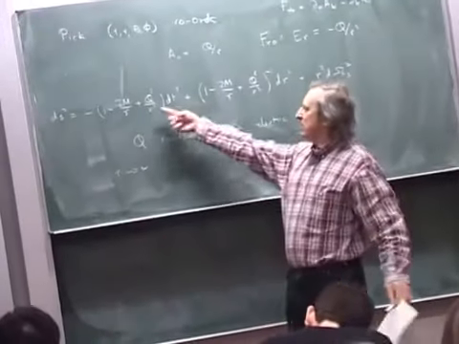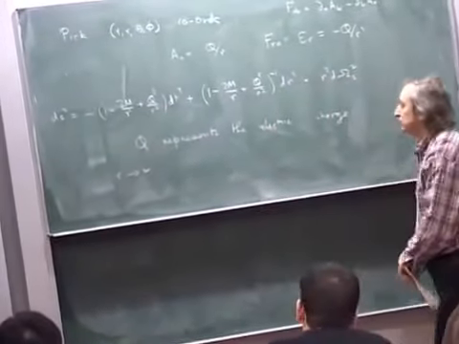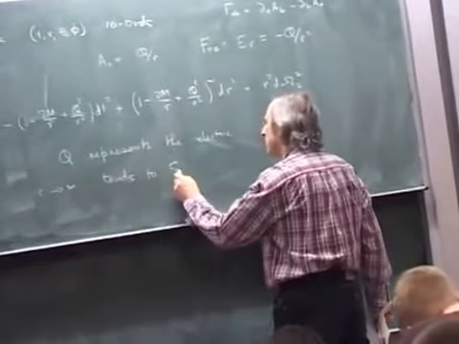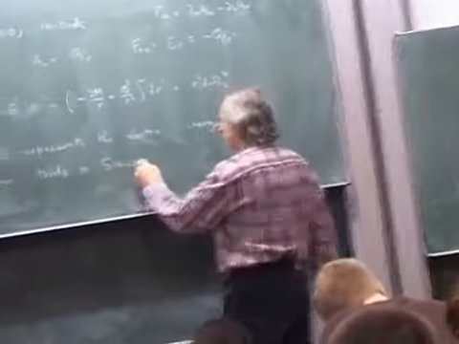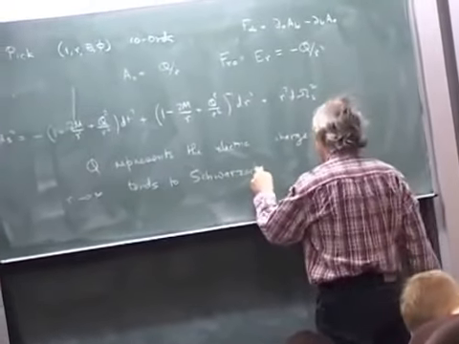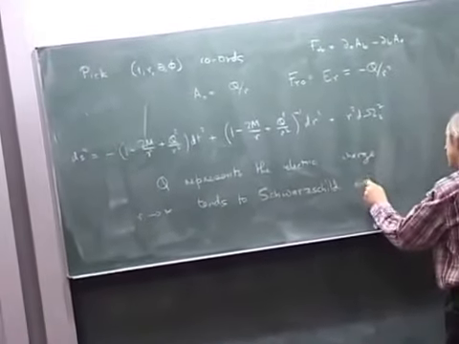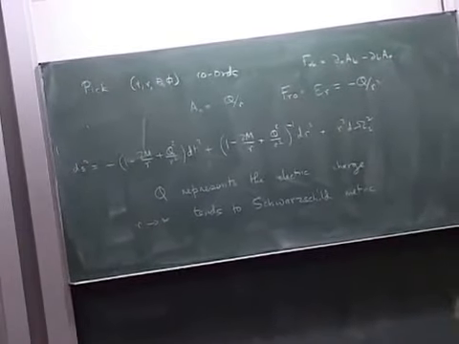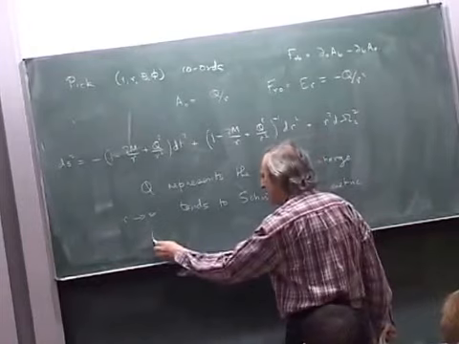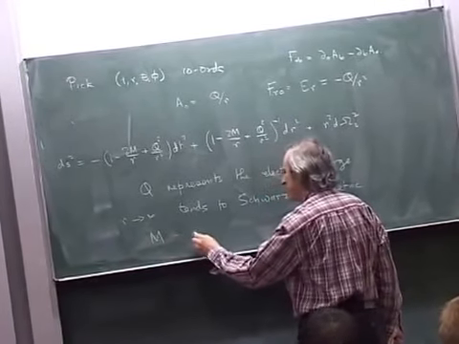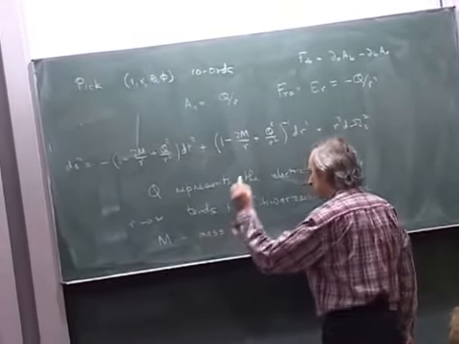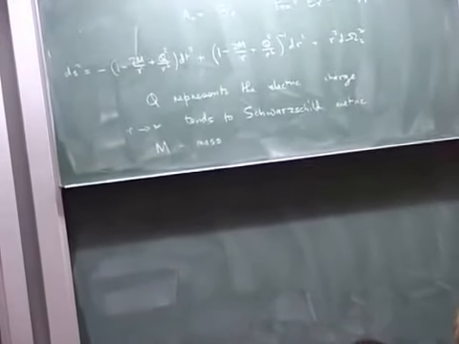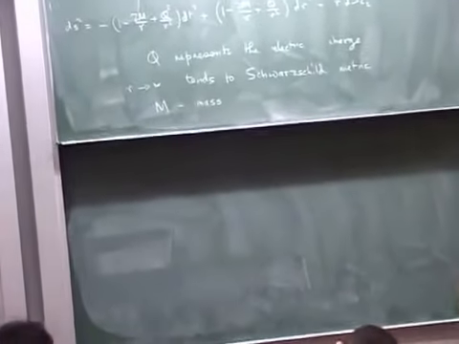That's because this term dies off more quickly than that one. So M represents the mass of whatever it is. So that is the line element for the Reissner-Nordström metric.